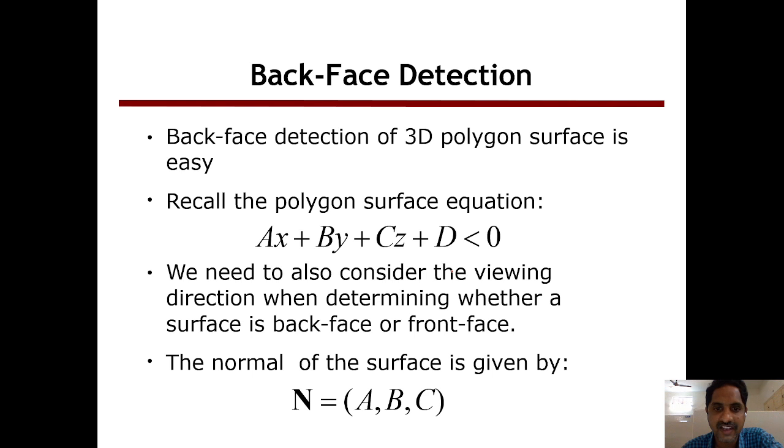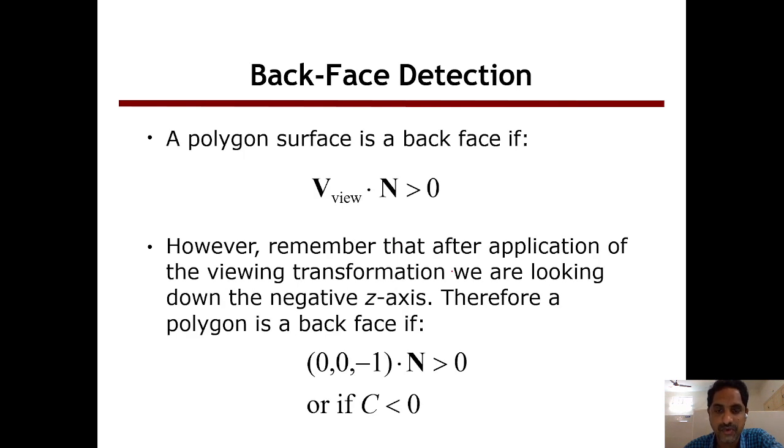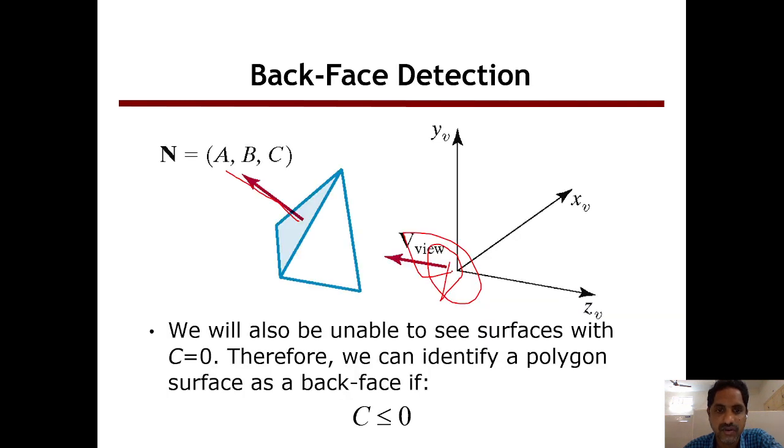Using the back face method, we can identify which are the back faces. The main back face test is ax plus by plus cz plus d less than 0, and then you can identify it as a back face. Another is V dot N, where V is the viewing position and N the normal coordinates. Based on these, for the z axis, (0, 0, -1) dot N greater than 0, or if C less than 0, where N equal to A, B, C. Also we are unable to see surfaces with C equal to 0.